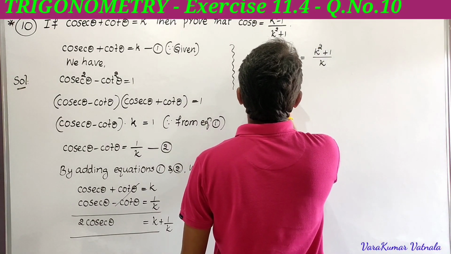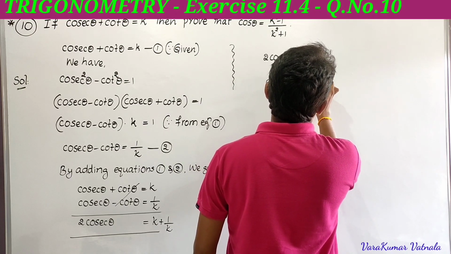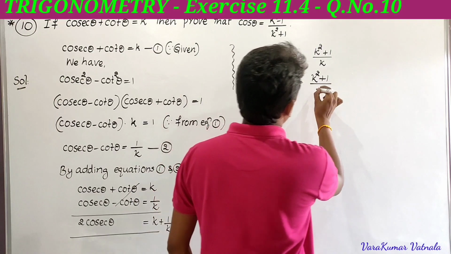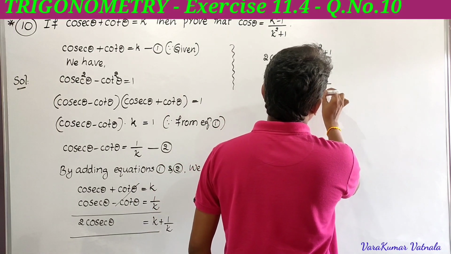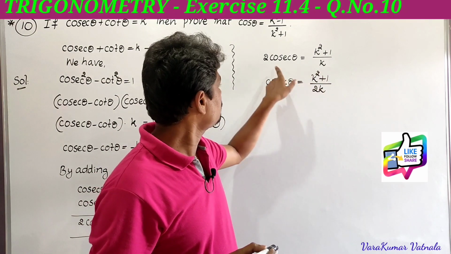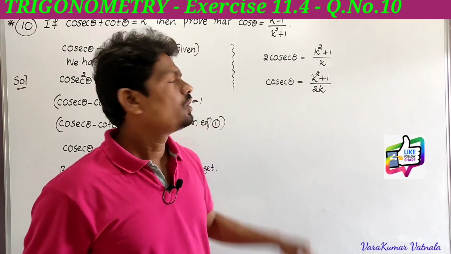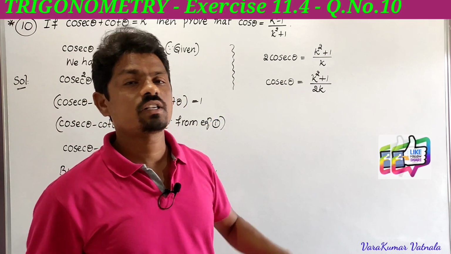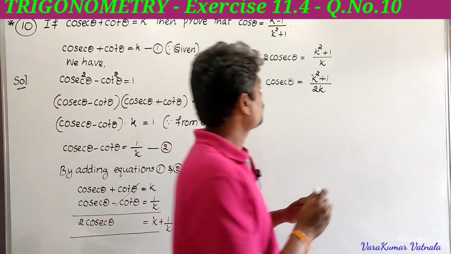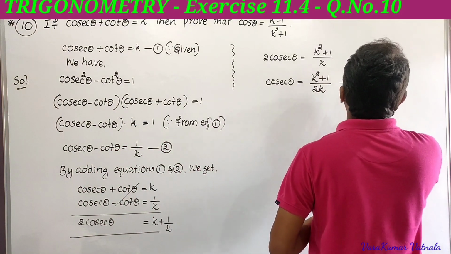So cosec theta equal to, here already k square plus 1 is there by k in the denominator. If you take 2 to the right side, it divides. So we get cosec theta equal to k square plus 1 by 2k. So this is the value of cosec theta. Sometimes he asks up to cosec theta only, you have to stop here. But here we have to find the cos theta value. Let it be equation number 3.